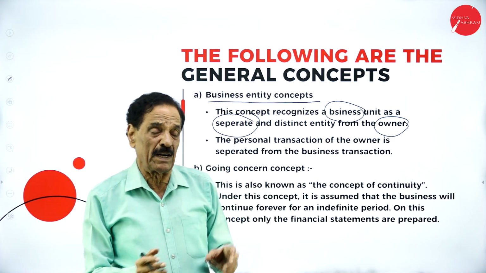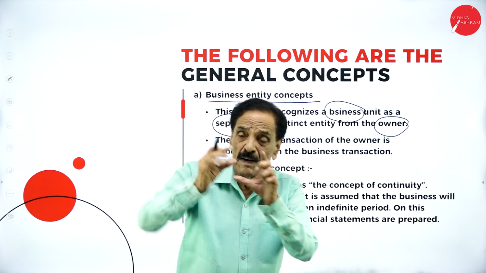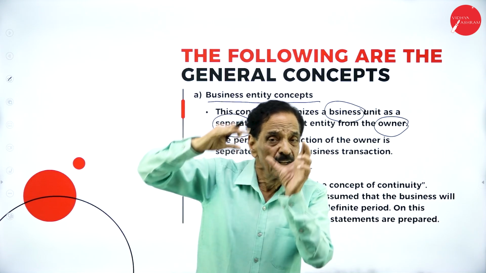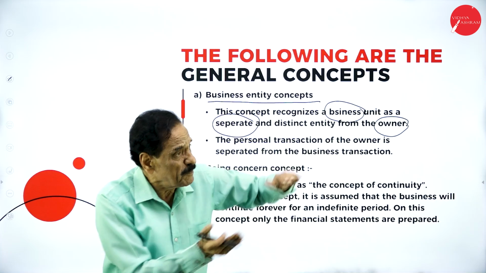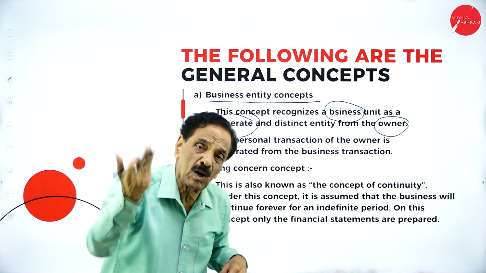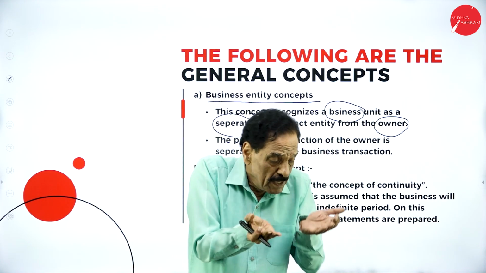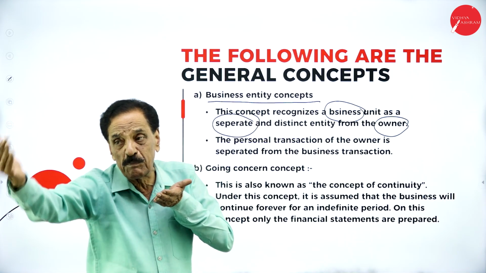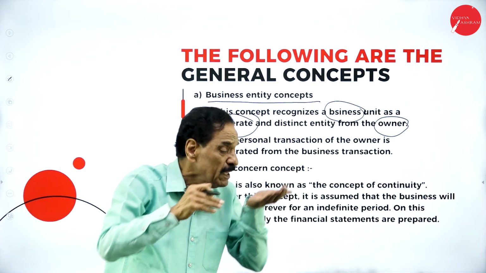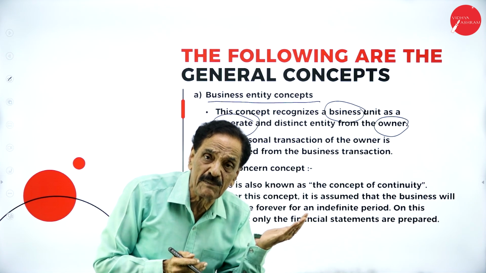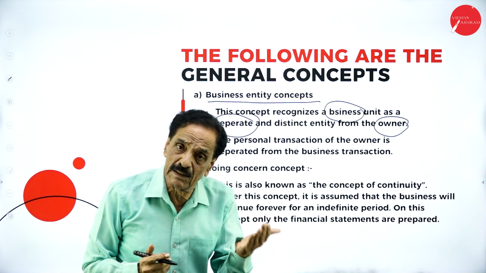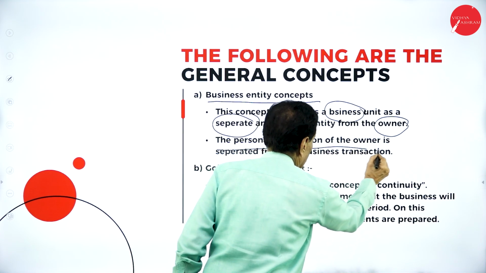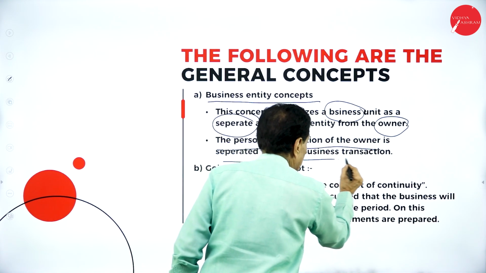But we separate them. From the point of view of the owner, we look after; from the point of view of the business also, we look after. There are two points: from the point of business, from the point of owner. The owner contributes the money. Who is the receiver? Business is the receiver. Who is the contributor? Owner. From the point of the owner, he is a contributor. From the point of the business, he is the supplier of money, and the business is the receiver of the money. The personal transaction of the owner is separated from the business transaction.